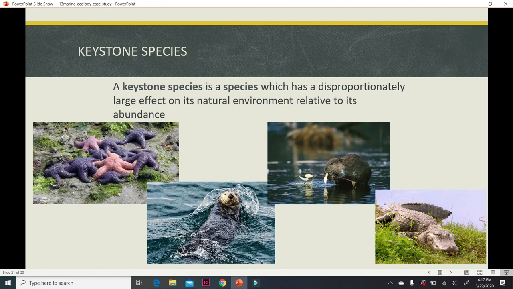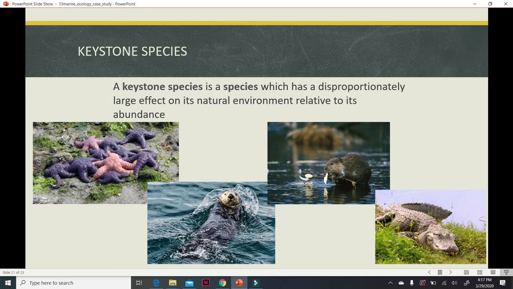So Bob Paine came up with this idea that you can have species that might be low in number in an ecosystem, but their influence on the ecosystem is very, very large. And so we call these a keystone species.